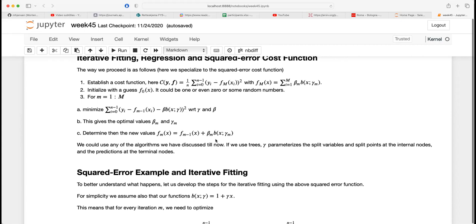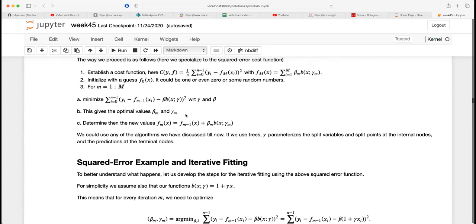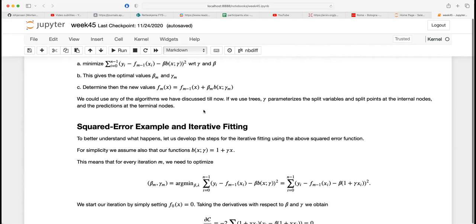And then you do this M times, where M is the uppercase M, and when you've done this M times, you have an estimate from your model, which hopefully is as close as possible to the values you want to reproduce. So in a certain sense, it looks like standard linear regression, except that now the parameters, beta and gamma here, are actually inside the function. So in a certain sense, it's no longer linear regression because you don't have a linear dependence on the parameters.